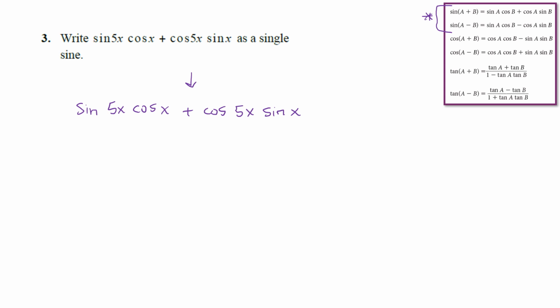In identifying what a is, I am just going to write the formula under here, the sine of a cosine b plus cosine a sine b. And I see here that a is 5x and b is x.